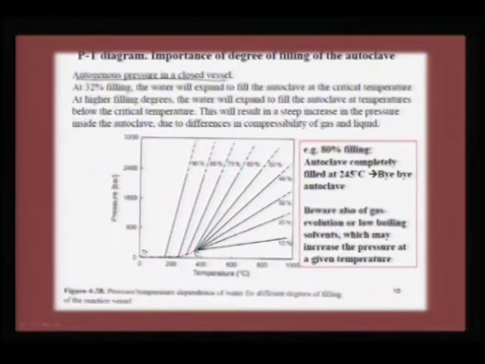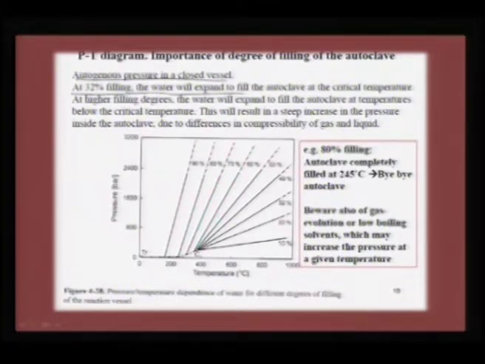For example, if we are talking about 32% filling of water in an autoclave, then it will expand as you increase the temperature. It will fill the autoclave at the critical temperature. At higher filling degrees, the water will expand to fill the autoclave at temperatures below the critical temperature.